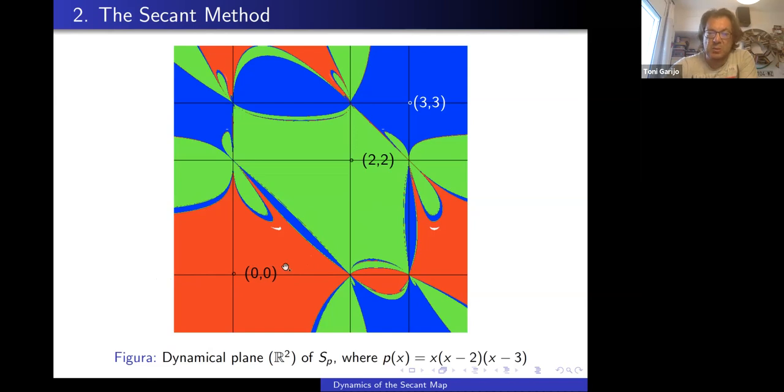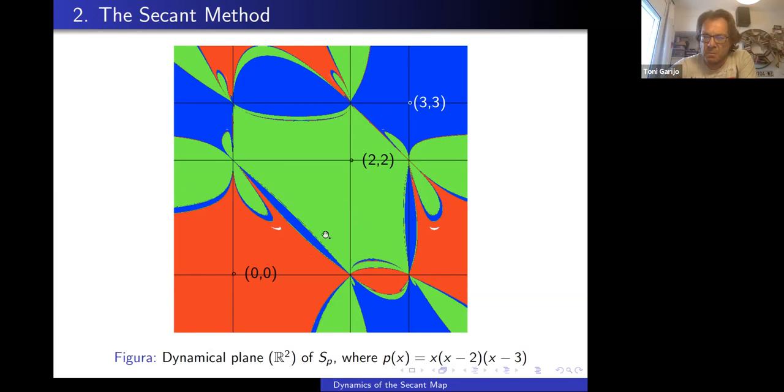This is because in the expression of the secant map appears p of y, so if y is one of the roots, it maps here. Except at that point, because there x minus y is different from 0, but p(0) is equal to p(2), so there is a vanishing in the denominator. We will see this more clearly in a moment.